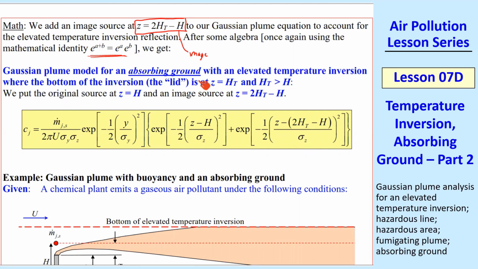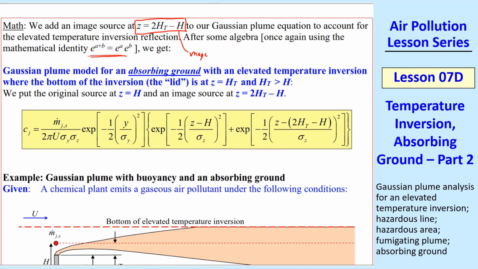Now we do the same idea, except we have our original source and then we add, instead of Z plus H, it's Z minus the image location, because that one was a Z minus a negative H, recall. So we just take Z minus (2HT minus H) and put that in the equation as another term.